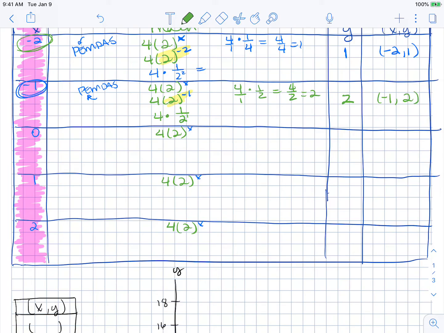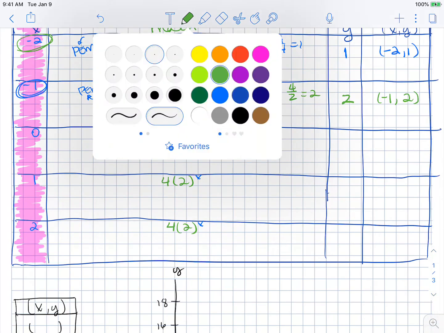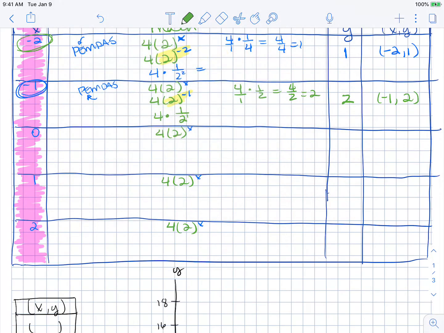Okay, I'm doing the next one. I'm putting in 0, so I have 4 times 2, and I'm plugging in this 0, so this is going to be to the 0 power. Please excuse my dear Aunt Sally: I do my parentheses first, but there's no math inside, just a number. So I move to my exponents, and anything to the 0 power is 1.